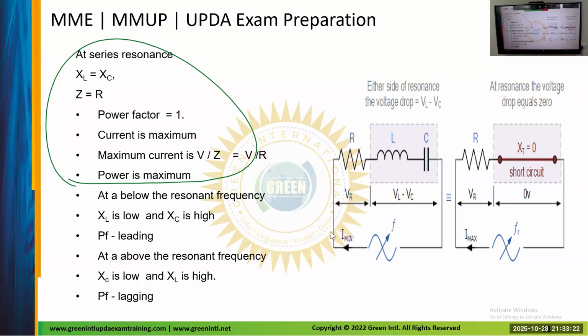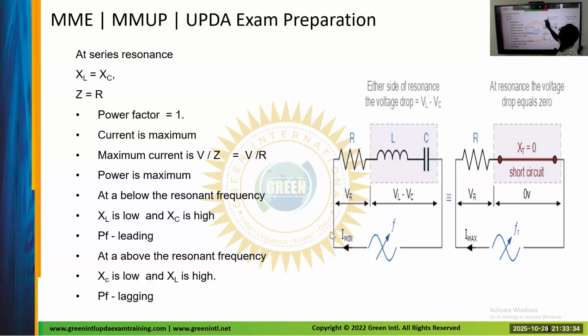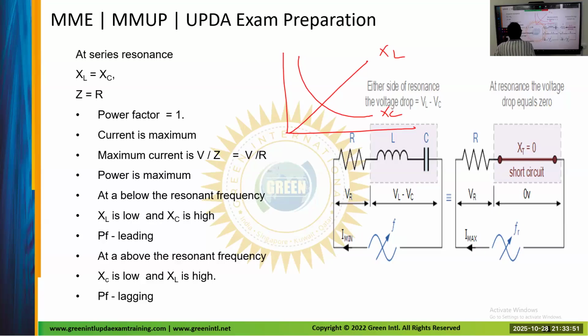So we have direct questions, without doing any mathematical problem. Below the resonant frequency and above the resonant frequency, what do we discuss? So this is XL, this is XC, correct? And this is the point of resonant frequency.